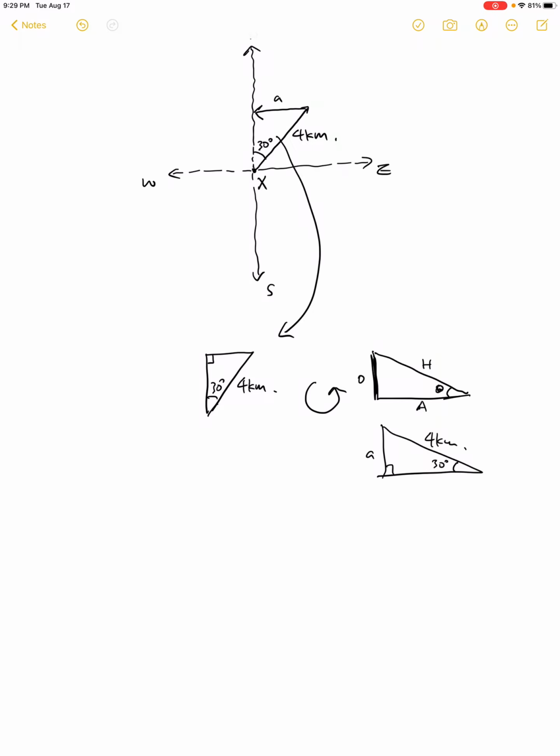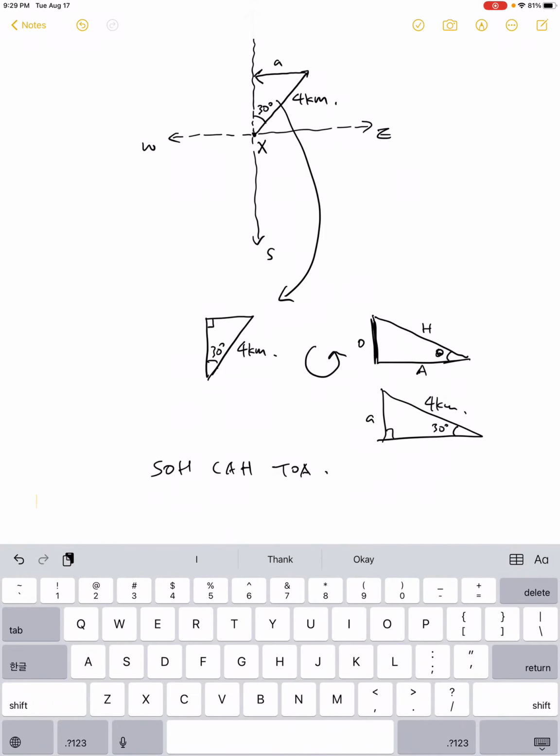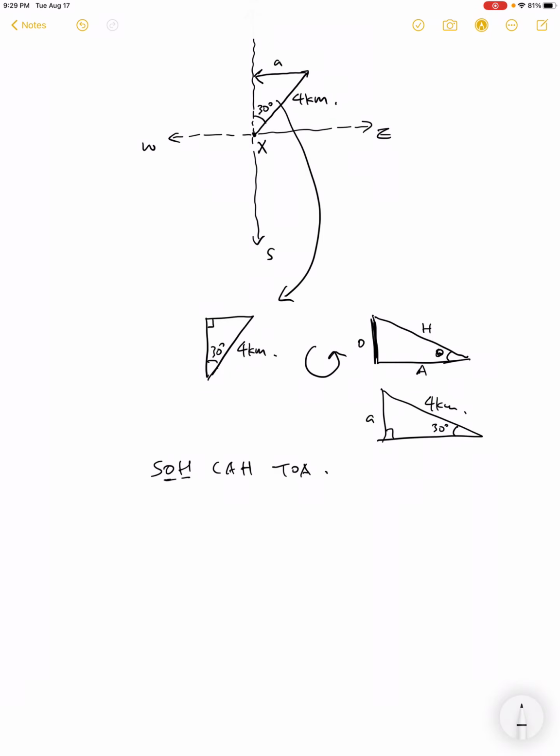Let's write it down, SOHCAHTOA. We've got the angle, 30 degrees, and we've got O and H, so we should be using SOH. So sine 30 degrees equals O over H. We know O equals A, and we know that H equals 4 kilometers.